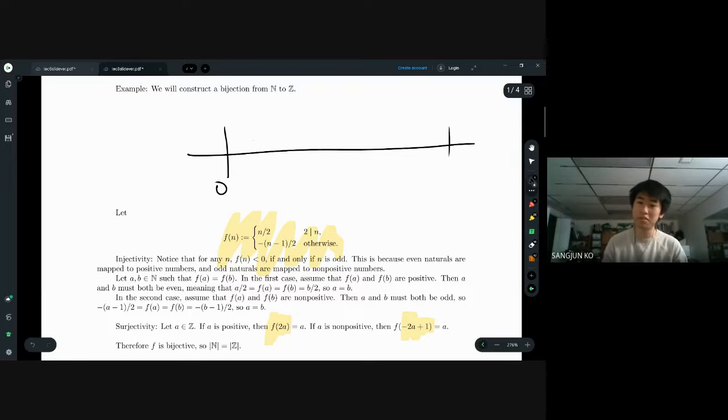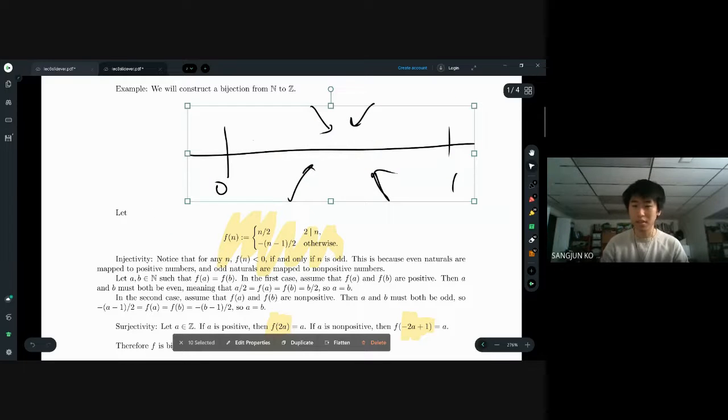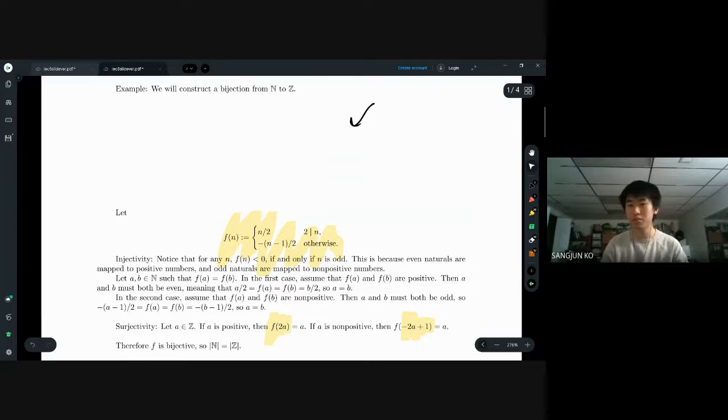Between 0 and 1 there are no natural numbers, and there's a crap ton of rational numbers in here, but we can still list them out. We can pair them with the natural numbers. All right, does this make sense? Well, probably shouldn't, because we didn't actually present the proof yet.